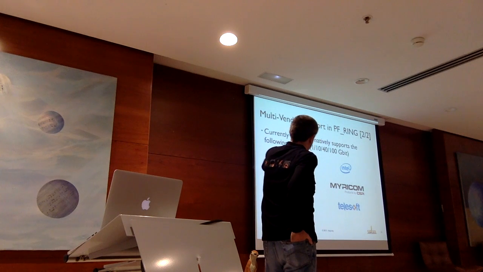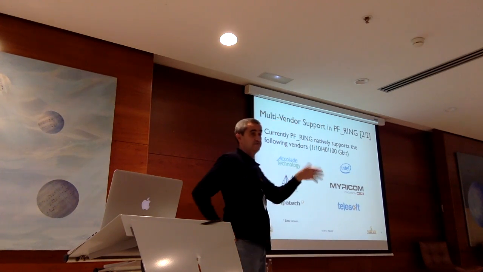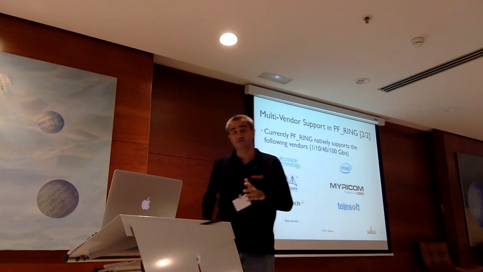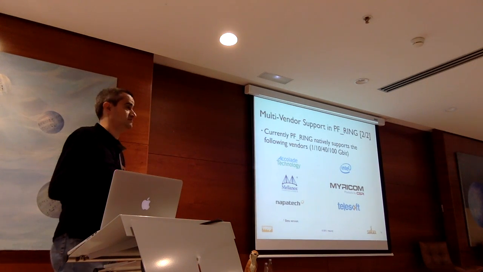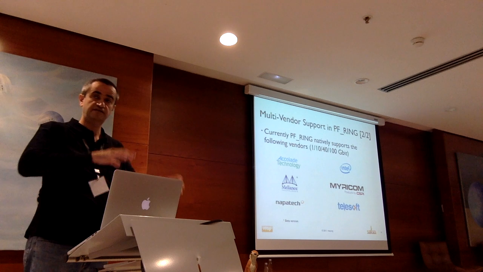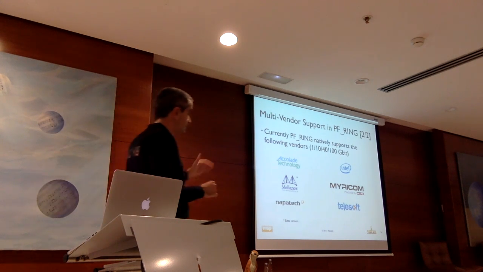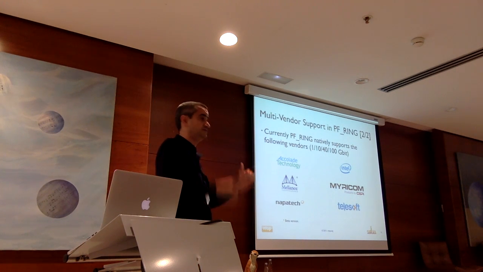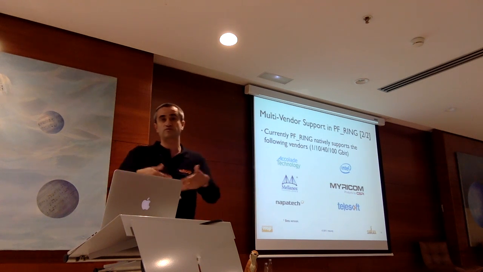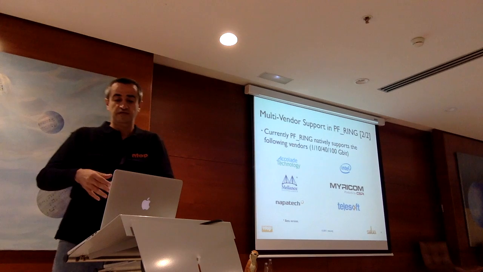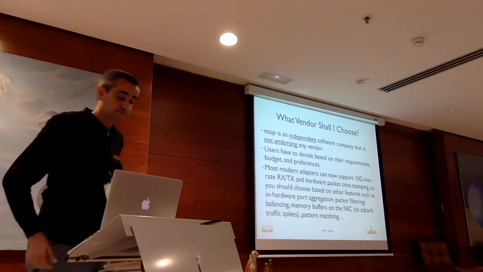This is an example: we support 1G, 10G, 40G, 100G. So you can take the same application and run it at different speeds on top of different network adapters, simply changing the device name. The API will be the same, so you don't have to pollute your code with API X and API Y.